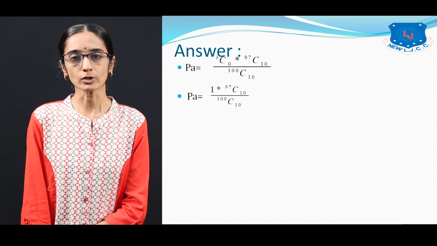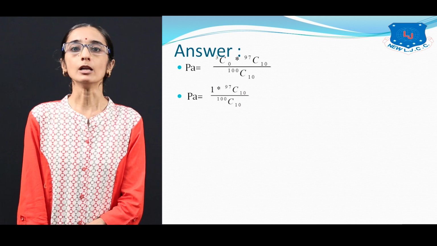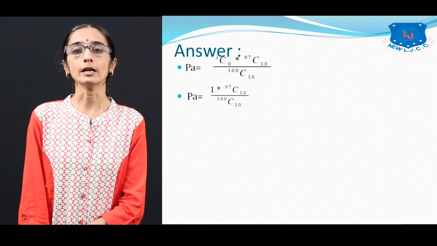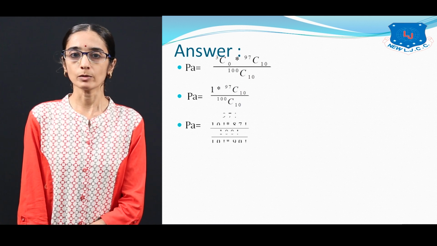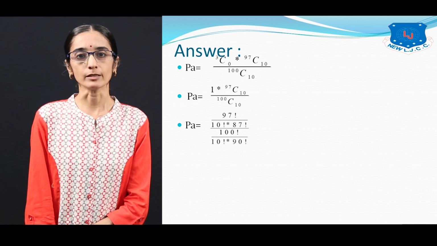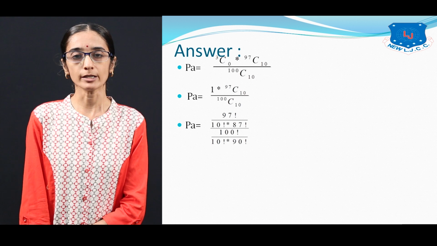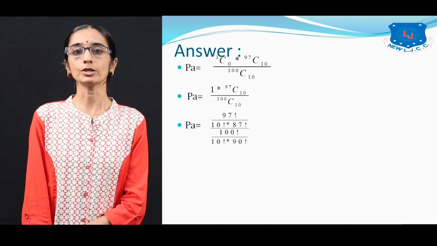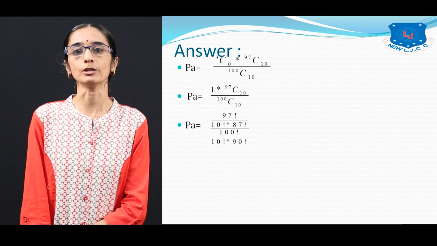Now let's use the formula of nCr, that is n factorial upon r factorial into (n minus r) factorial. So PA will be equal to 97 factorial upon 10 factorial into 87 factorial, whole divided by 100 factorial upon 10 factorial into 90 factorial.